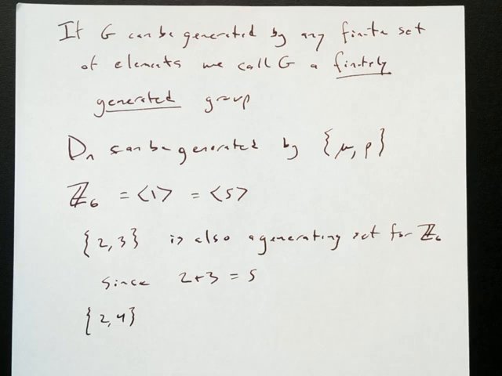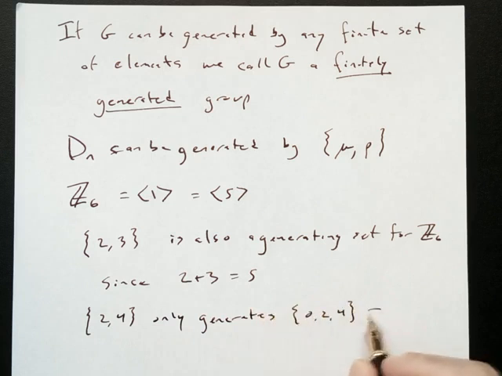Aha. So in spite of the fact that I have a generating set of size 2, I'm not guaranteed that any size 2 set will work. There's got to be more to it.